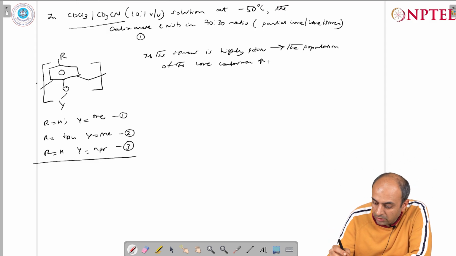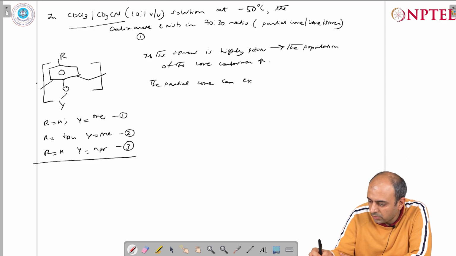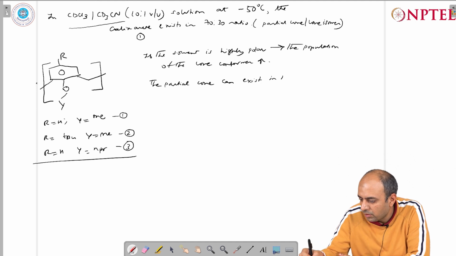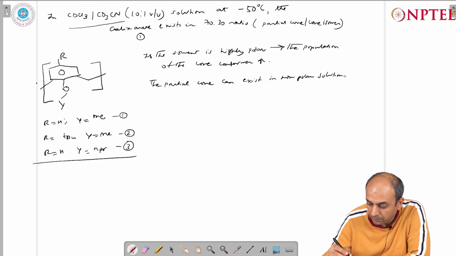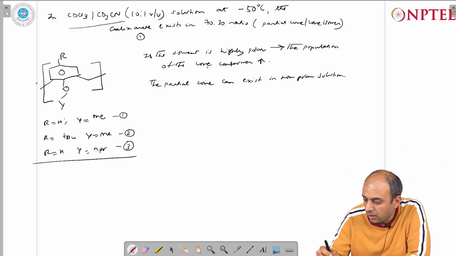However, the partial cone conformers can exist in non-polar solution. And also we see that the polar conformation, that is the cone conformer, is also highly pre-organized for binding.